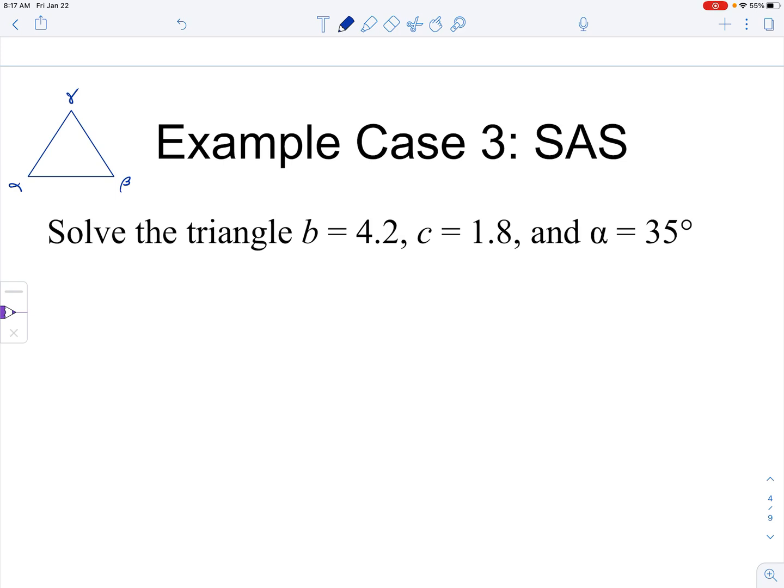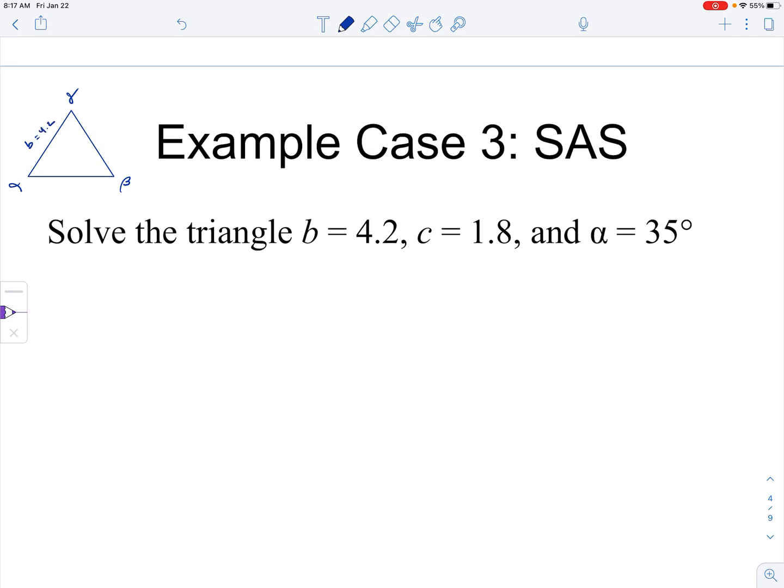You'll notice with this case, which looks like the side-angle-side case, that you cannot use law of sines to solve for your first unknown. You're stuck. So we have to use the law of cosines.